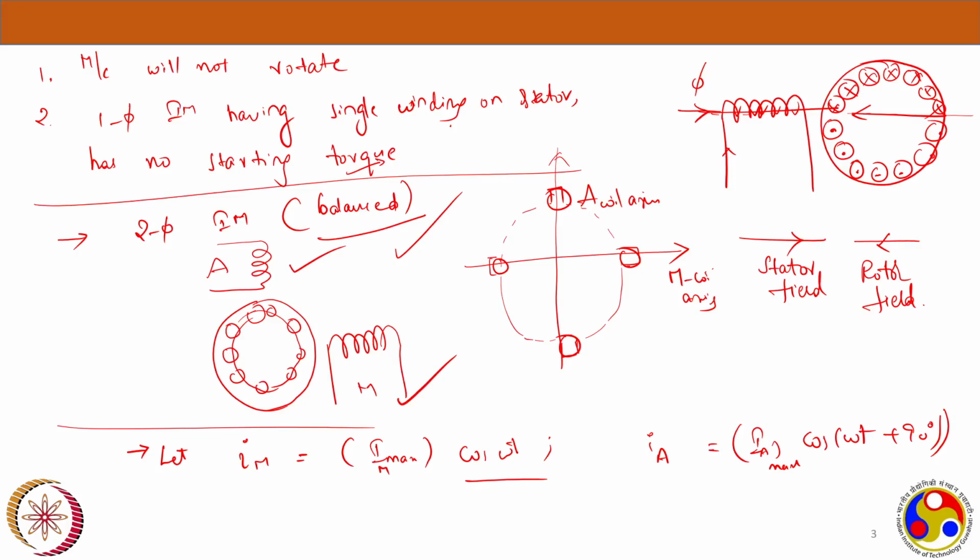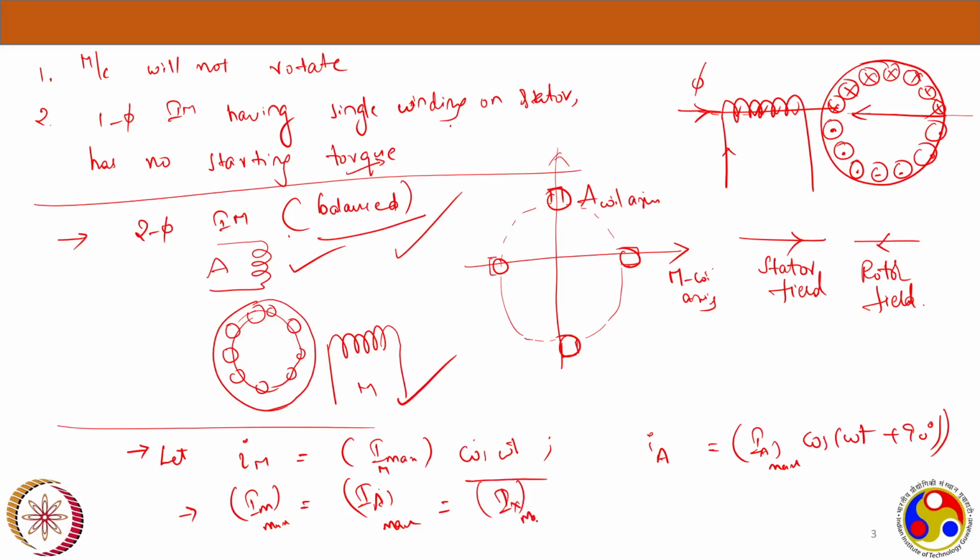Okay. Now see here, let's assume that the maximum amplitude of current that can flow through these two windings, auxiliary and main, is the same.